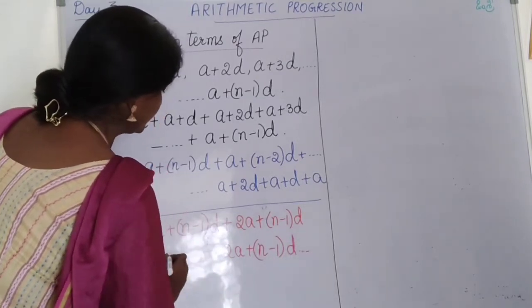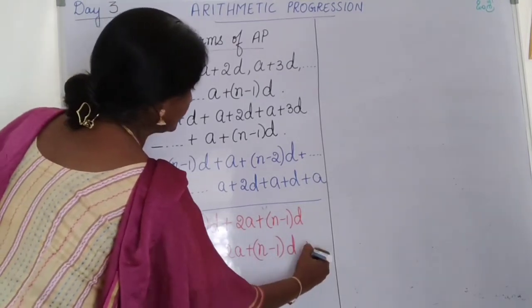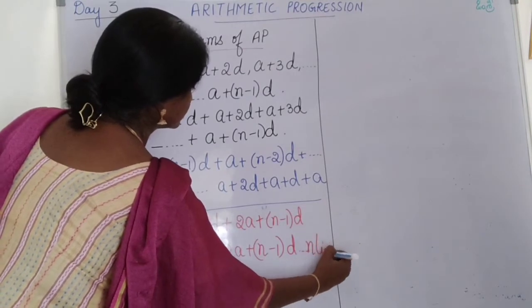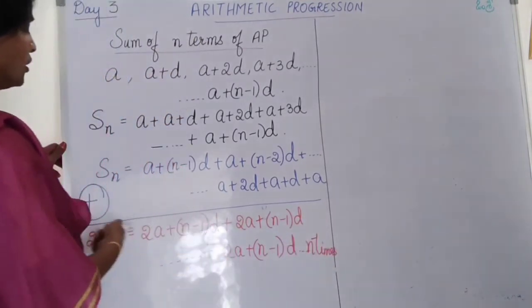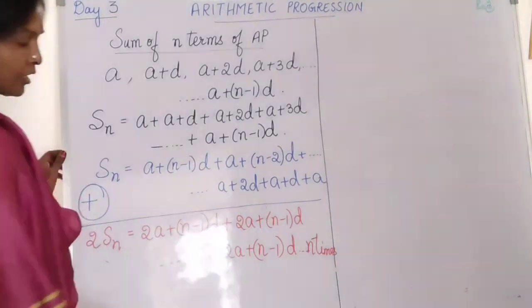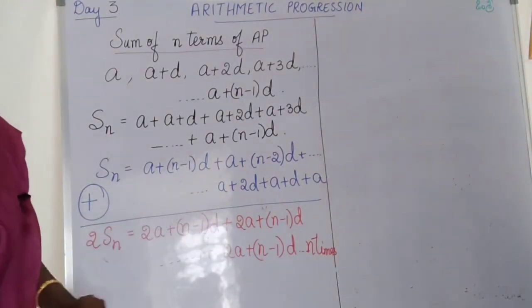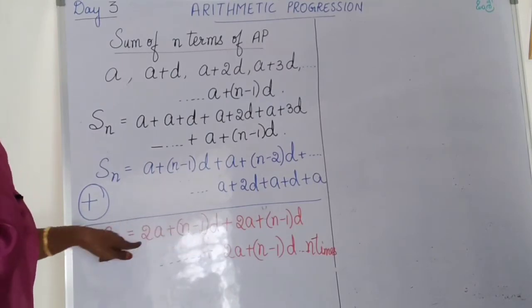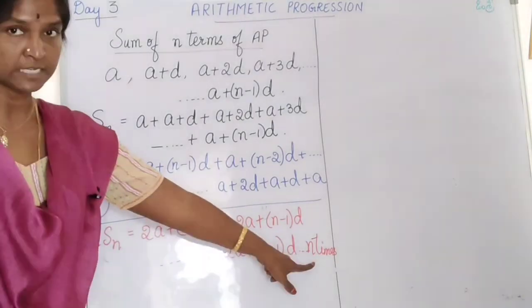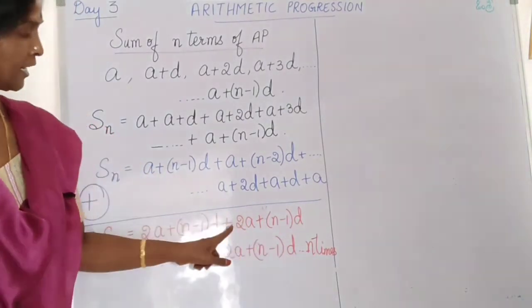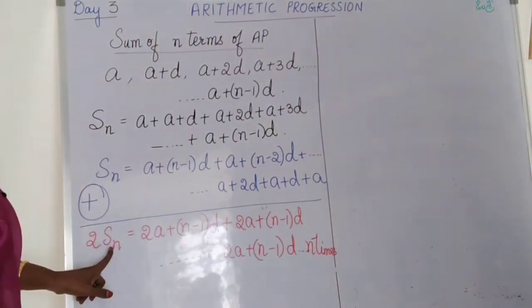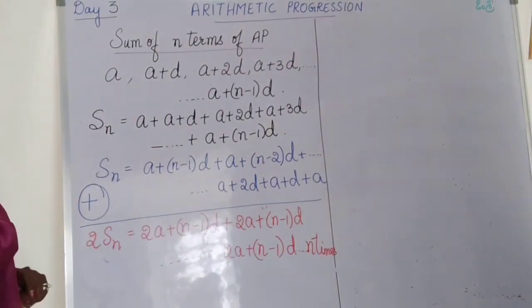So how many times are you getting it? N times. The same number, 2a plus n minus 1 into d, is repeated n times, and it is being added to get the sum of terms here.